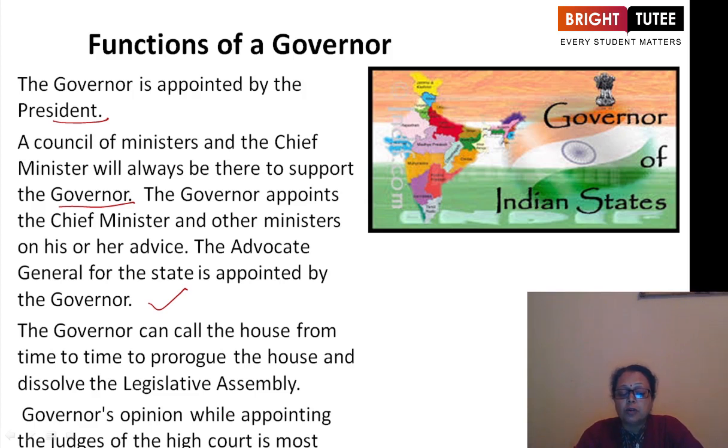This is all that comes under the powers and functions of the governor. Other than this, when the house is not in session, the governor may promulgate ordinances under certain urgent circumstances.